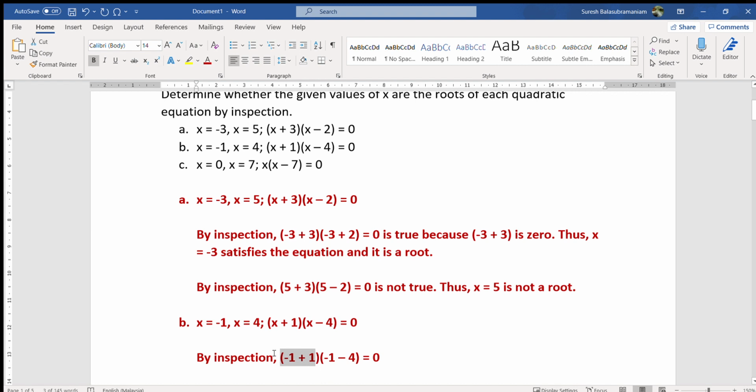One part of the equation is 0, so multiplied with the second part it will definitely produce 0. So this is true.